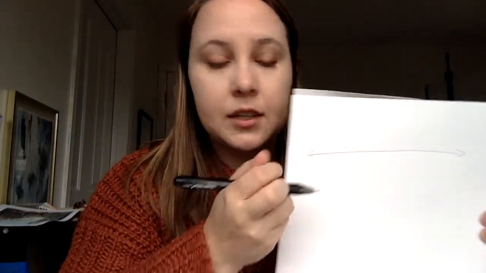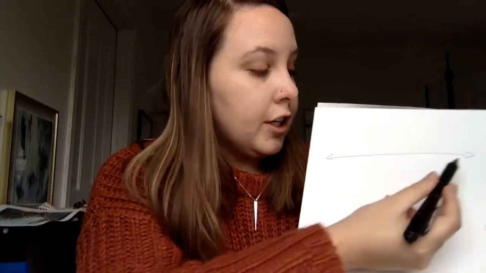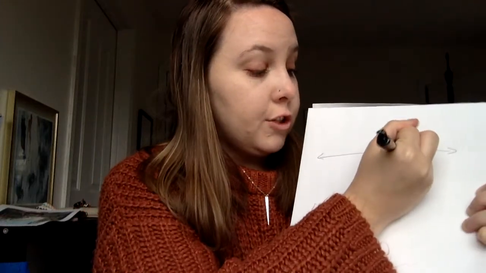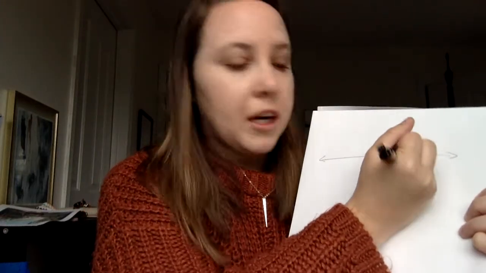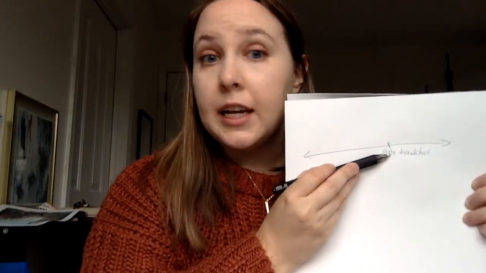So if we are looking at this on a timeline, just like when we did some history, if we use a timeline, we talk about this is later and this is earlier, or this is earlier, this is later. Before she eats breakfast, so she eats breakfast. So we're talking about eating breakfast.